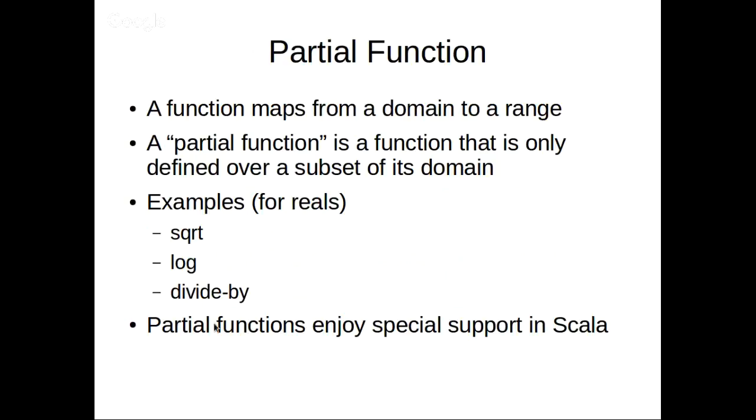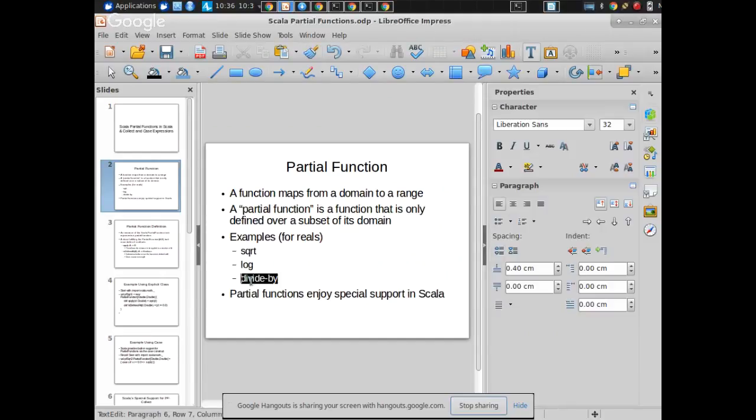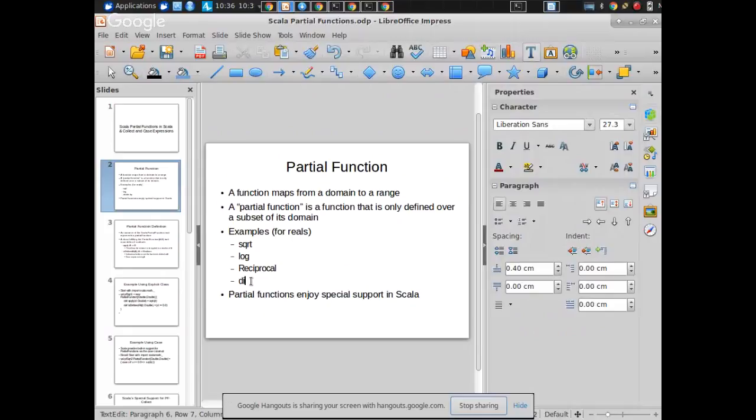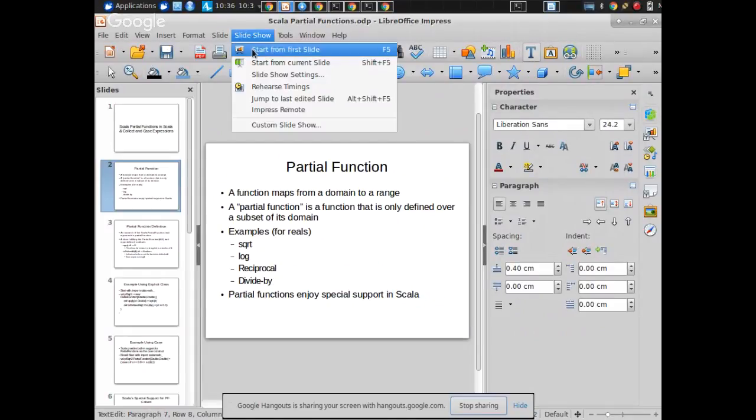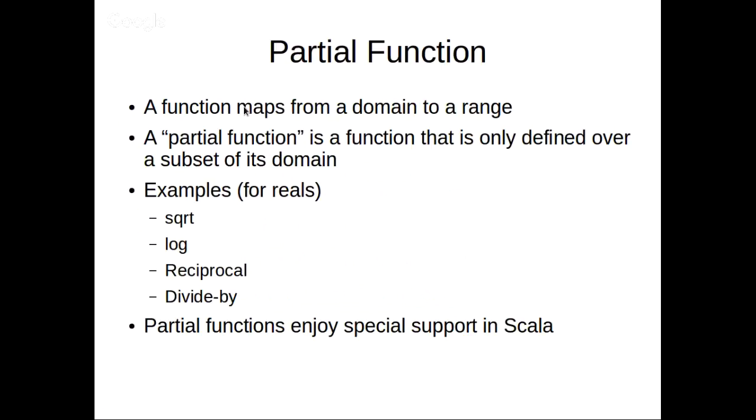Similarly, log is only defined for things greater than 0 for real numbers. And if we think about a divide by function, or better yet, a reciprocal function, that might be a more natural one. Divide by would be another. Those are defined only for certain elements of their domain.